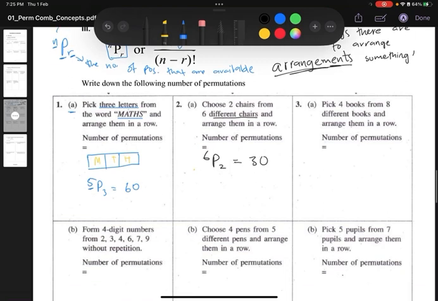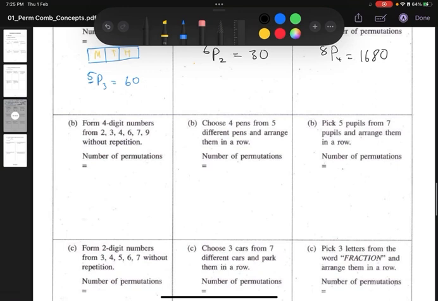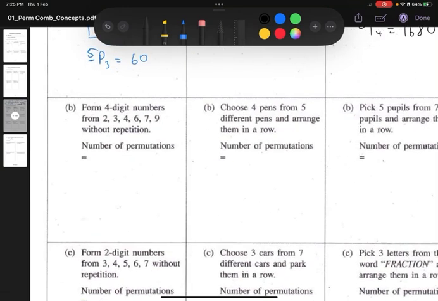Let's go to question number 3. Pick 4 books from 8 different books and arrange them in a row. So that would be 8, pick 4, which would give you 1,680. Now we have to form a 4-digit number using the numbers 2, 3, 4, 6, 7, and 9.